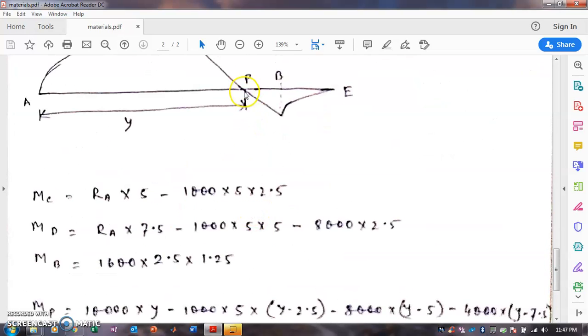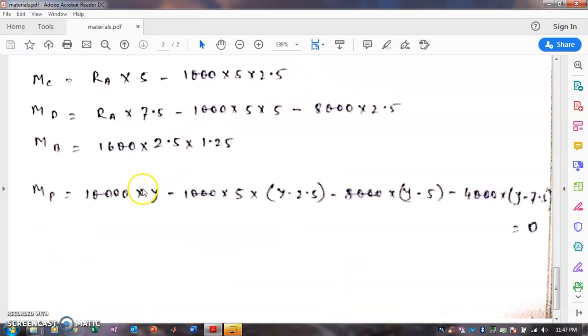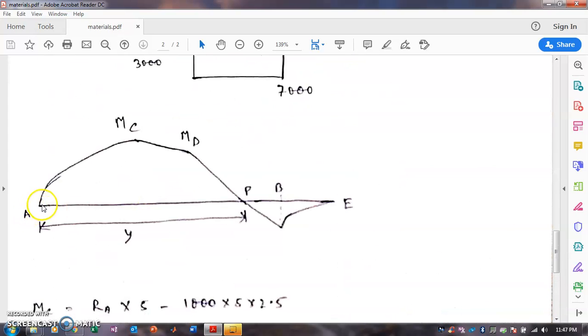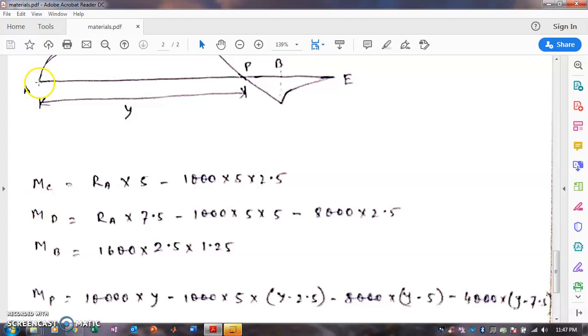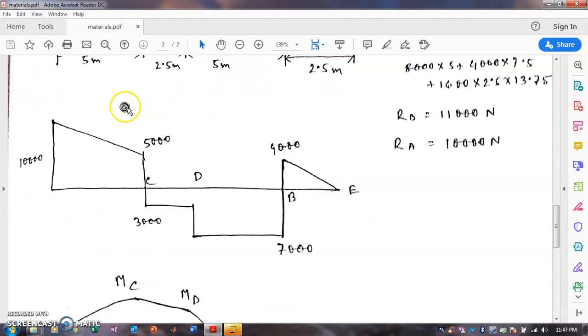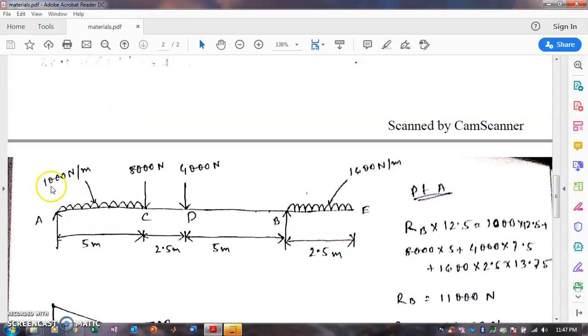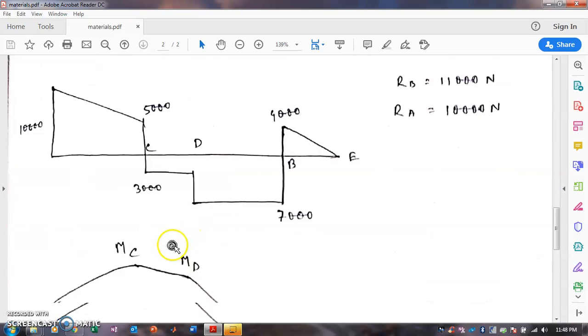And what will be the moment at P? If we take from this side, it is 10,000 into Y, minus 1000 into 5, that is the total load, into the distance Y minus 2.5, then minus 800 into the distance Y minus 5, then minus 4000 into the distance Y minus 7.5.